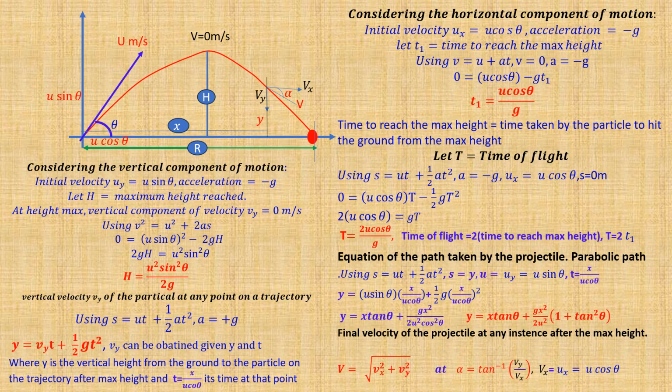Meaning, if I know the horizontal distance from the point of projection to where the particle is being studied, and also I know the horizontal component of the initial velocity, then I can get what? Vy from the equation. Actually, it is our second equation from this very tutorial. So if I have the two velocities, then I can get the resultant velocity, that is the velocity with which the ball will clear the fence. And then I can also get the angle at which it is actually doing that, using the tan inverse of vy over vx, whereby vx is the same as ux, which is u cos theta.